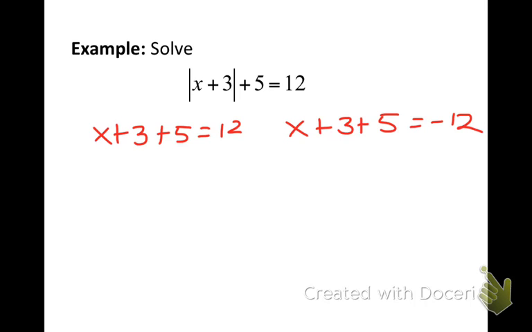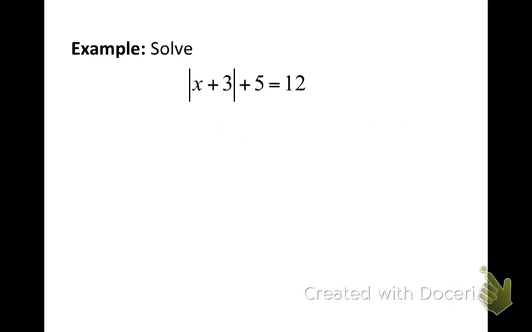You'll get points off because you're not going to have the whole entire solution. So before you can do anything, we have to subtract that 5 to the other side. So now we get the absolute value of x plus 3 is equal to 12 minus 5 is, what, 7?